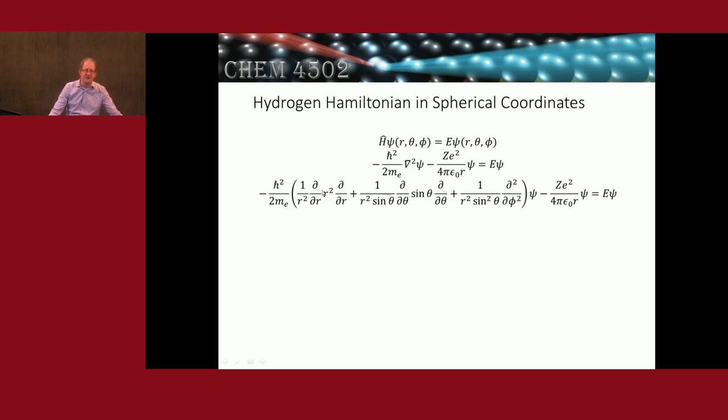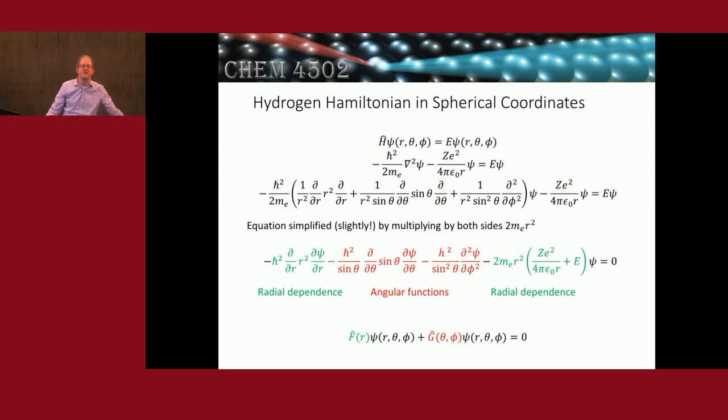And that becomes minus h bar squared over 2me times 1 over r squared d by dr, r squared d by dr, plus 1 over r squared sine theta d by d theta, sine theta d by d theta, plus 1 over r squared sine squared theta d squared by d phi squared. So that's just the Schrodinger equation written in spherical coordinates with the potential energy for a hydrogen-like atom.